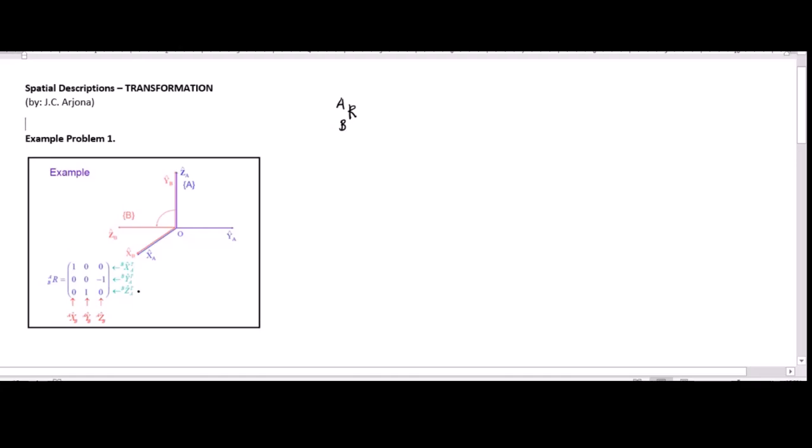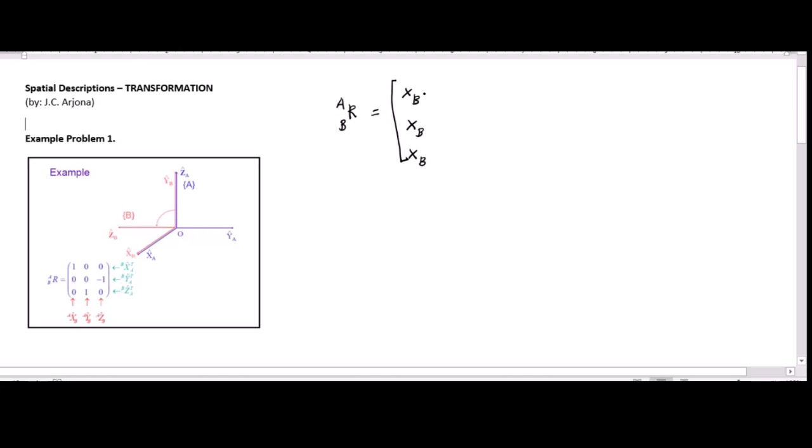Now, let us prove how this is obtained. That is equal to the matrix. If you recall, the first column is the rotation of X, that is XB to A. So this will be XB, this is also XB, and this is XB.